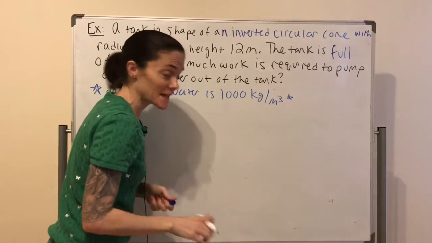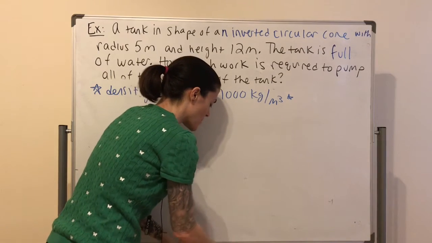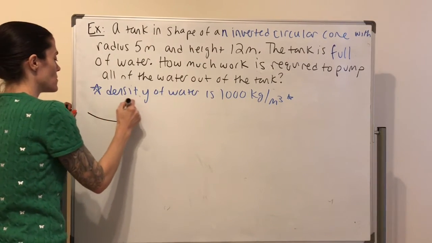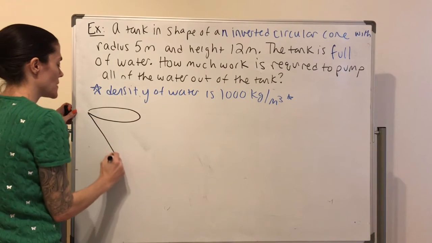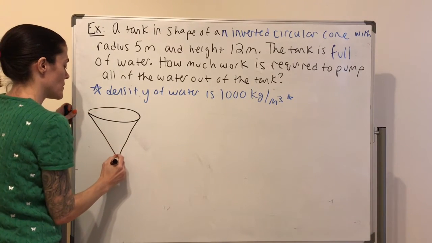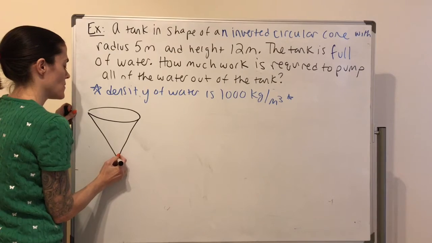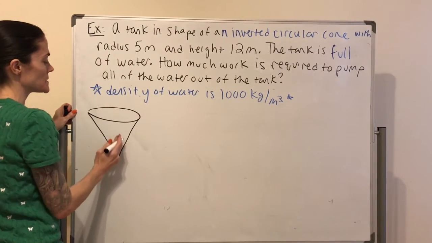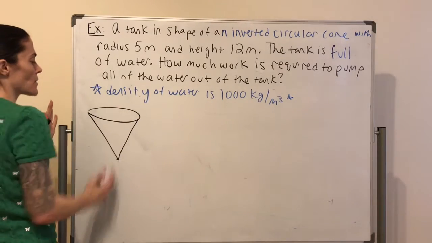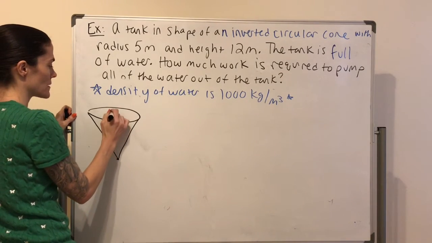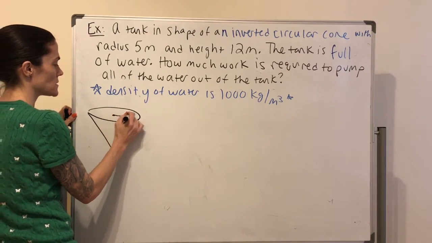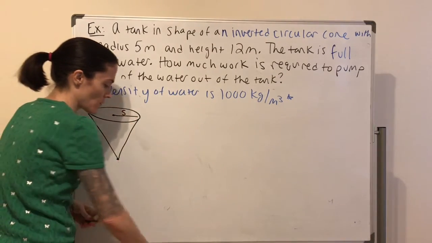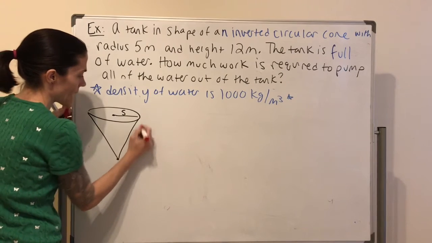Okay, now let me draw the picture of this cone. It's inverted. So up here is the circle, and down here is the tip. And it's a right circular cone, even though I erased that part, meaning it doesn't sit on its side, it makes a right angle here. So this is still 5. And I can still label my axes.